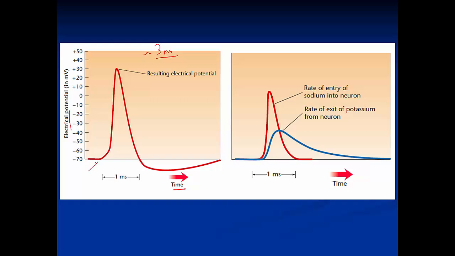All right, and then here we're going to look at the electrical potential. Here, we're going to start at rest. Now, what happens here in this region? Remember, we get that excitation. Okay, what excites the cell could be many different things. Now here you can see there's a change in the slope of the curve right here, right? So here, this is where those sodium channels open.